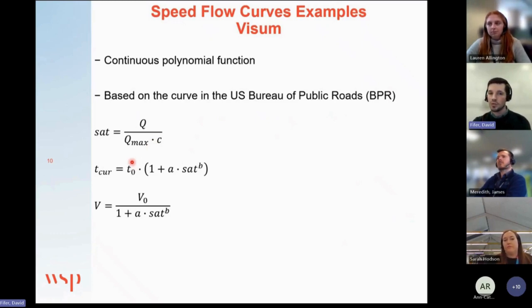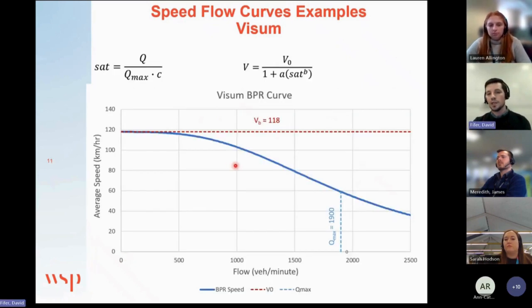And again, it's a volume delay curve that's had to be converted into a speed flow curve relationship in order to compare with TAG. Looking at this one, we can see it's one continuous curve. There are variations of the BPR which do have below capacity and above capacity curves, more similar to TAG. But in this instance, we're currently just going to focus on the single continuous curve.